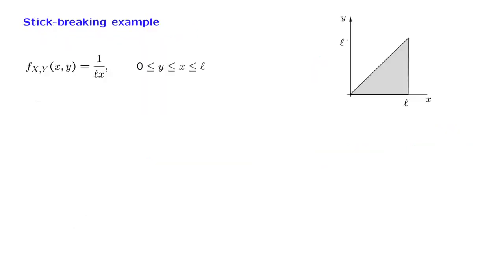Let us now continue with some calculations. Let us find the marginal PDF of y. How do we do it? Since we have in our hands the joint PDF, we can find the marginal by integrating the joint.